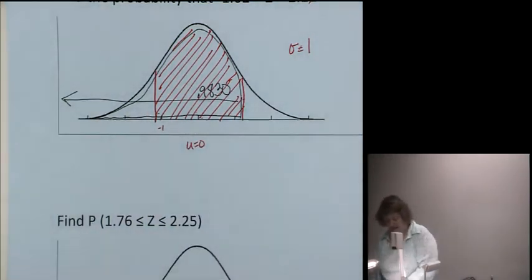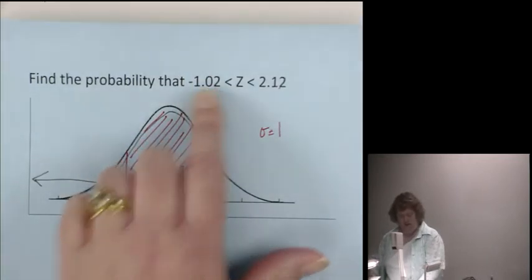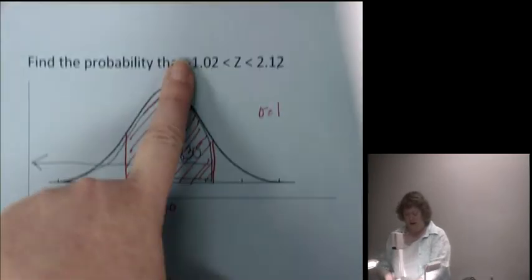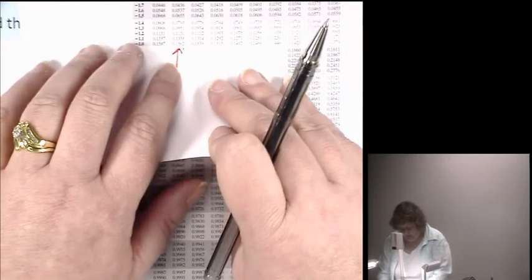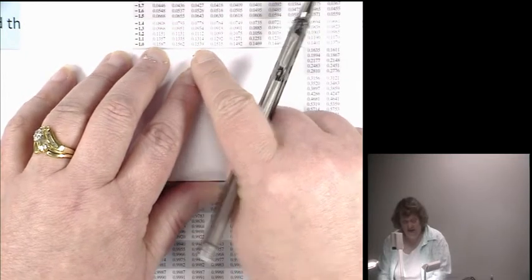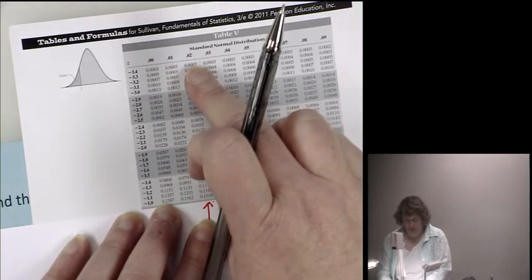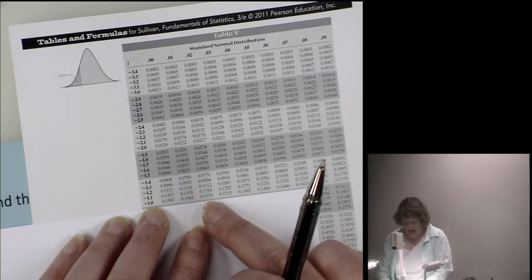So now let's look up negative 1.02, the second value, which is this tick mark, this line right here. So we're going to look up negative 1.02. Come over to the table, negative 1.0, then the 2 column, and got 1539.